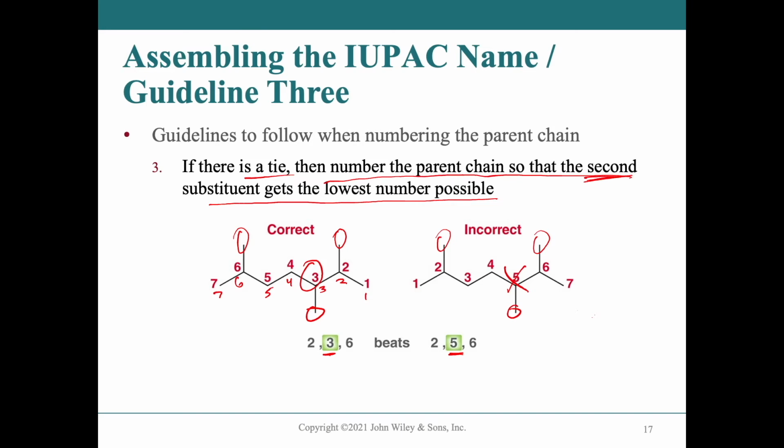And so we can then name it, again, this is a heptane, so I'll always write the heptane out first, okay? And this time it's going to be 2, 3, and 6.